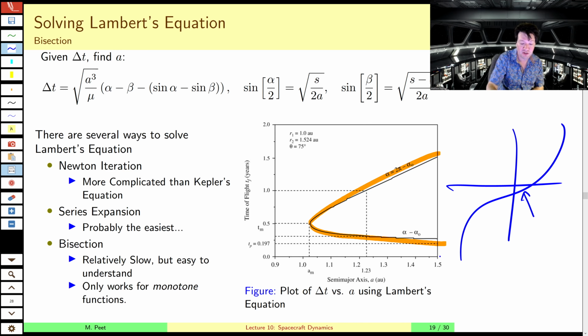It means it's always going in the same direction, which is up. Here it's going up here and it's going down here, so it's bifurcating, so it's not a one-to-one solution. And so solving Lambert's equation is significantly harder than solving Kepler's equation. Hence we're going to devote another part of this lecture specifically to the problem of solving Lambert's equation. But I'm going to take a pause and come back to that question in part C.